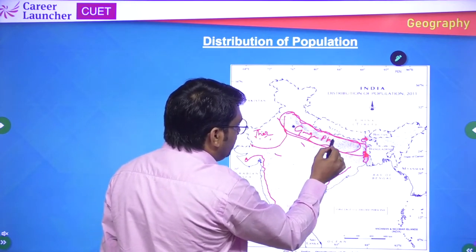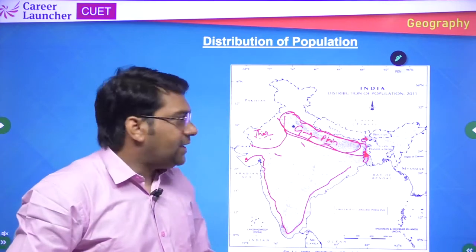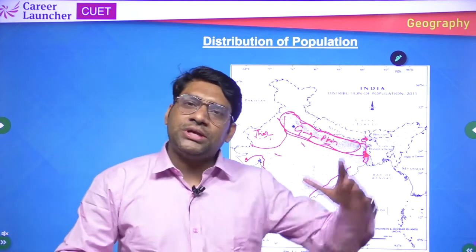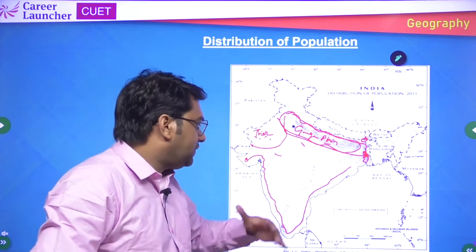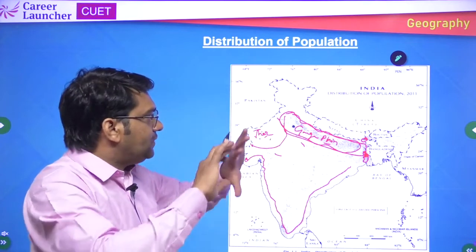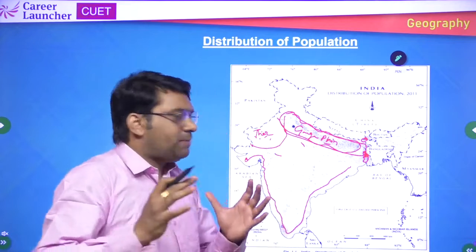Ganga plain is also known as the northern plain of India. Ganga plain has very high density population. आज से नहीं, बहुत सालों से लोग वहाँ पर एग्रीकल्चर जब स्टार्ट हुआ था तब से यहाँ पर पॉपुलेशन डेंसिटी काफ़ी ज़्यादा है. तो कहीं ना कहीं with the help of this image we understand which part of India has a denser population.